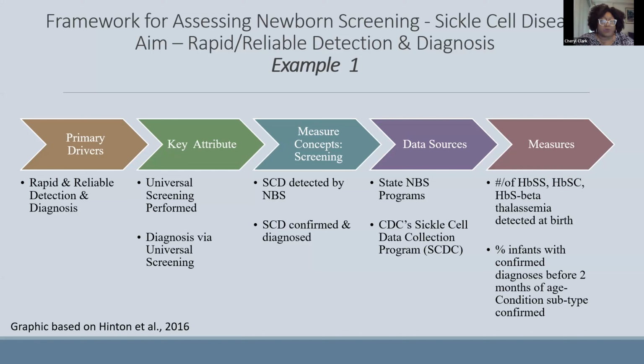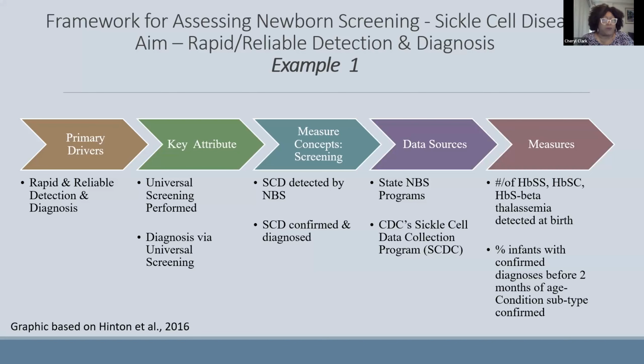And the data sources being your own respective newborn screening programs, or I think it's still the sickle cell data program that's hosted by the CDC, and if some of these sources are not valid, please forgive me. And then you have these specific measures of what you're looking for to assure that there is rapid, reliable detection. And these are the outcomes of how many infants were confirmed diagnosis and then how many were detected at birth.